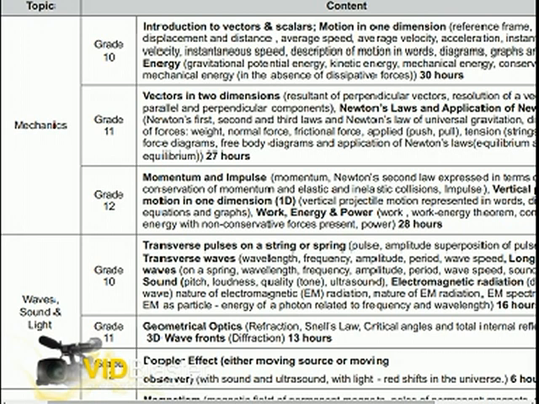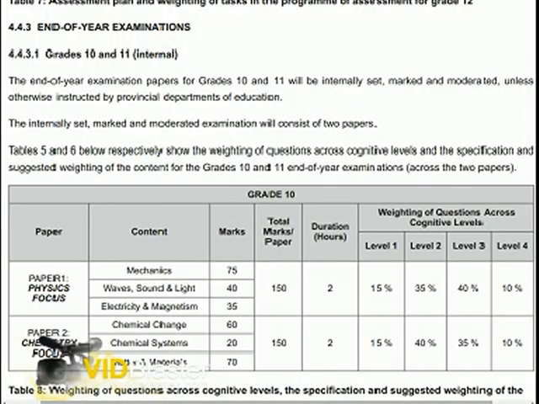So half of your exam needs to be on that mechanics content that you spent only less than 30 hours on. But then you need to split it amongst your cognitive levels as well. So you want to have some knowledge recall questions in there, and you want to have some comprehension questions, and mostly analysis and application, which is easy enough to do for mechanics.